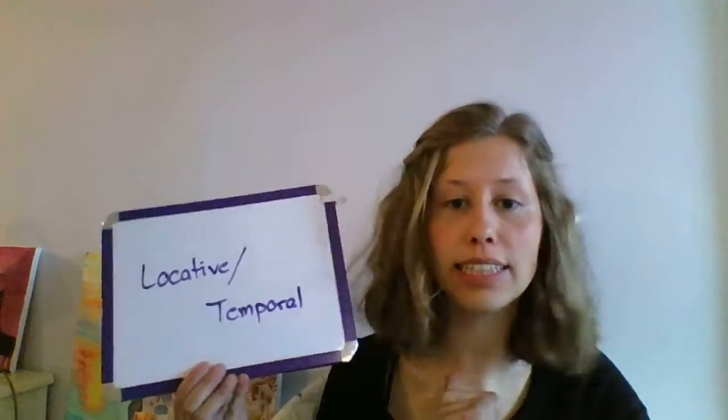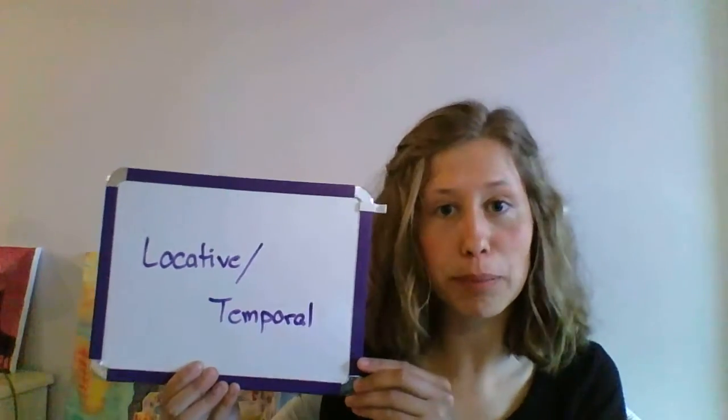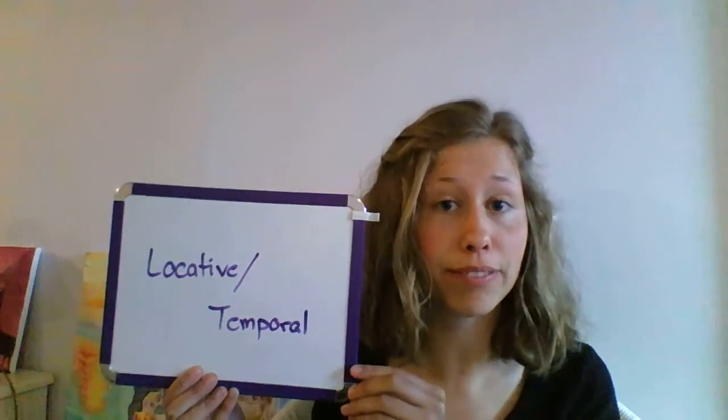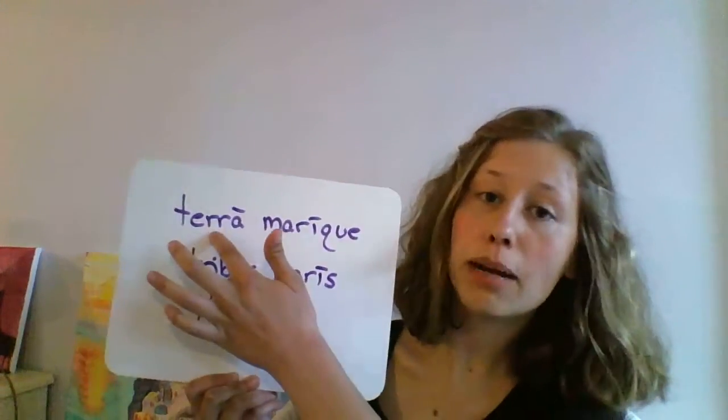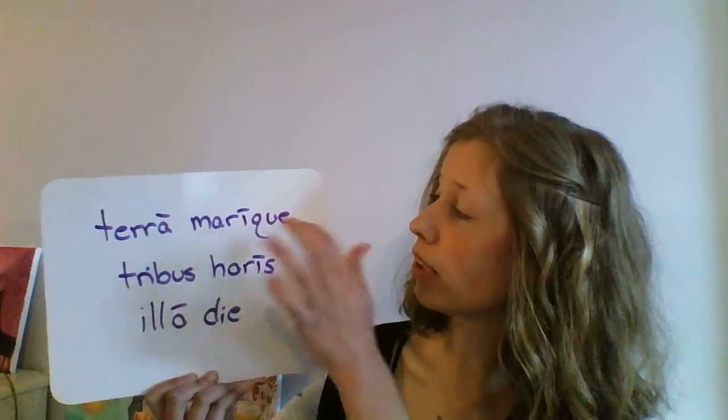Next use you do see all the time, and we talk about it a bunch, is the locative and temporal. So this is ablative of time as you know it. So it's called locative because sometimes it refers to places, most commonly in the phrase terra marique.